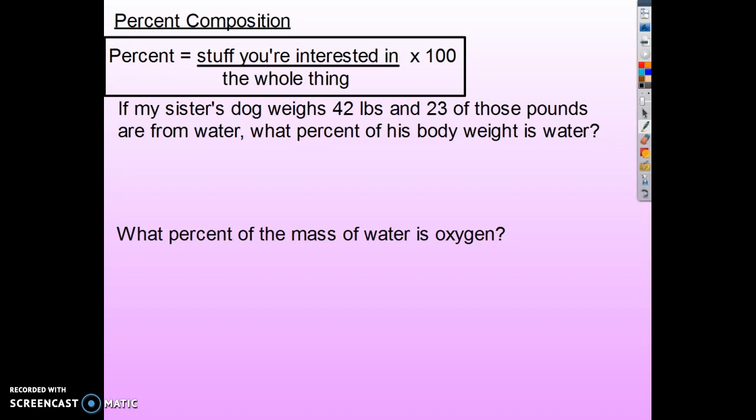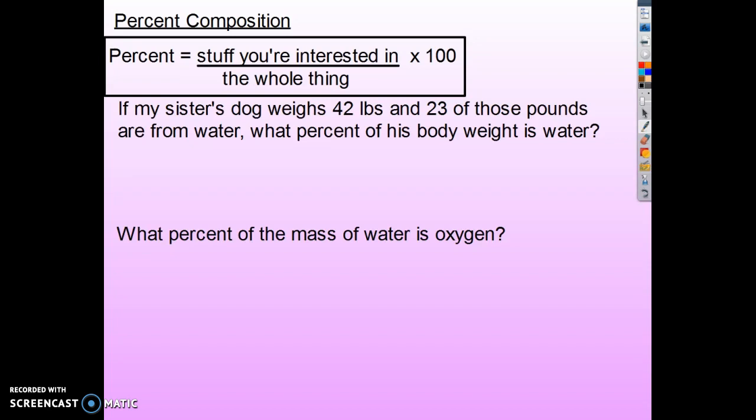So, for example, if I wanted to find the percent off for a sale, I would take the amount that has been deducted from the initial price as my numerator, and the initial price would be my denominator, because that is the entire original price, and I want to know just how much has been taken off, which is the stuff I'm interested in.